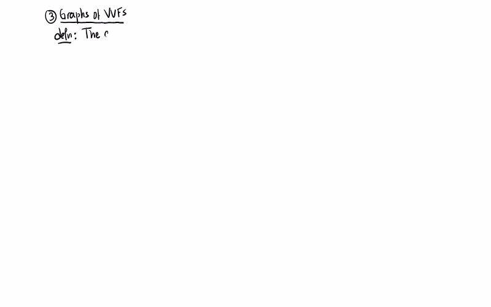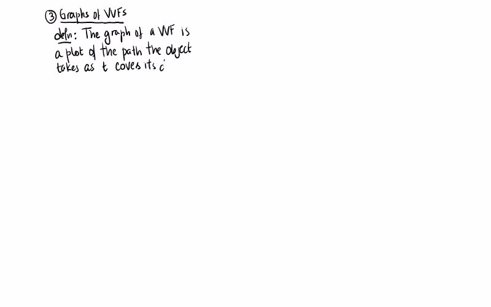So informally, we can think of the graph of a vector value function as a plot of the path, or the route, if you like, the object takes as t covers its domain. This little side comment about t covering its domain may be confusing right now, and that's okay. Don't worry about that. Here we will do a whole bunch of examples.